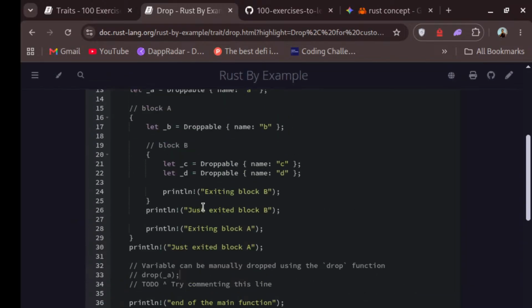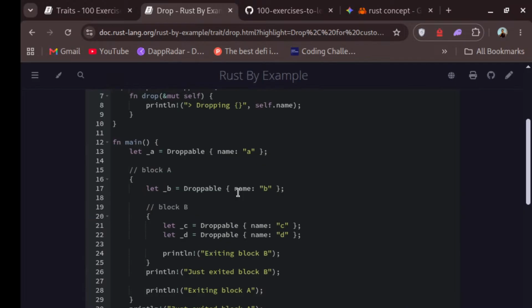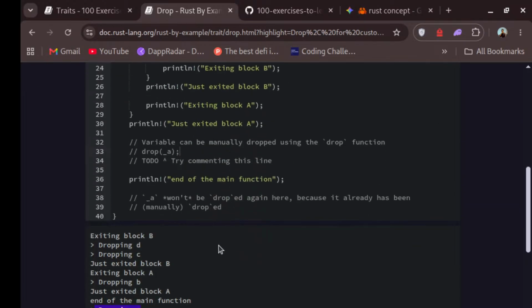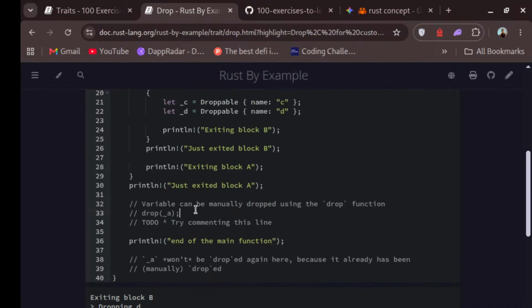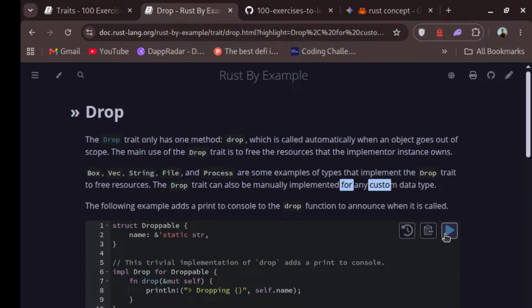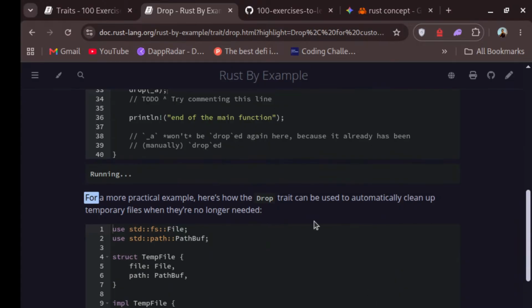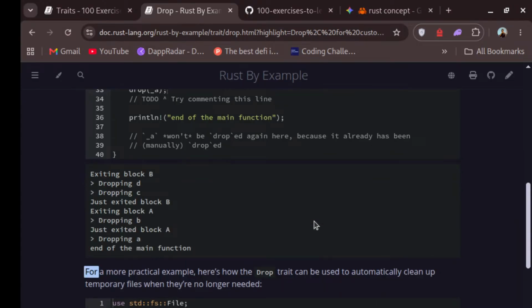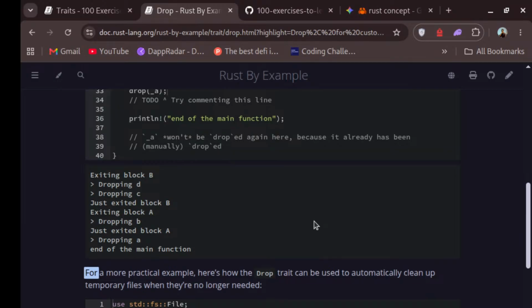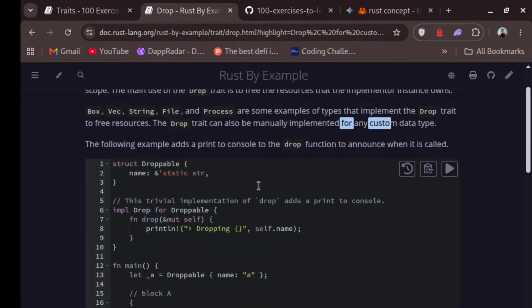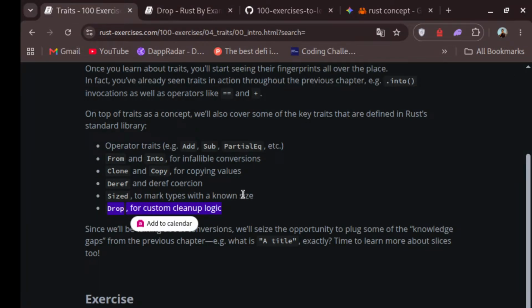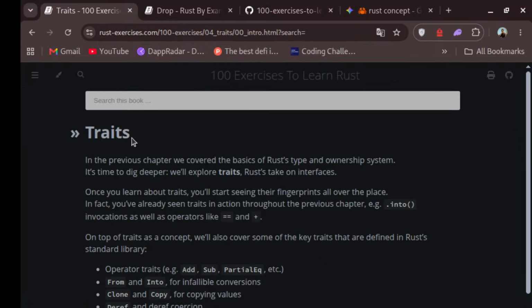If we don't use drop A, it is dropped at the end, but if we use drop A, then it will drop immediately. Understand that if we want to drop a variable, then we can use this Drop trait. Yes, we just completed the traits in Rust.